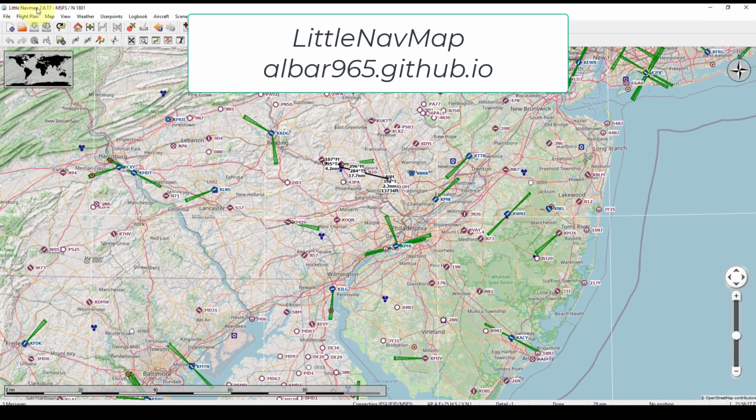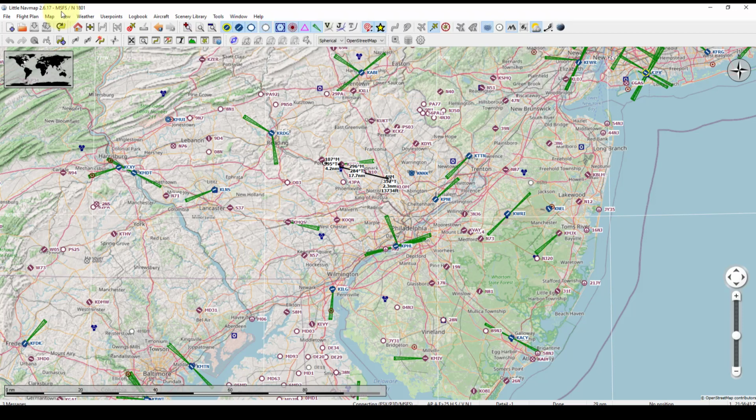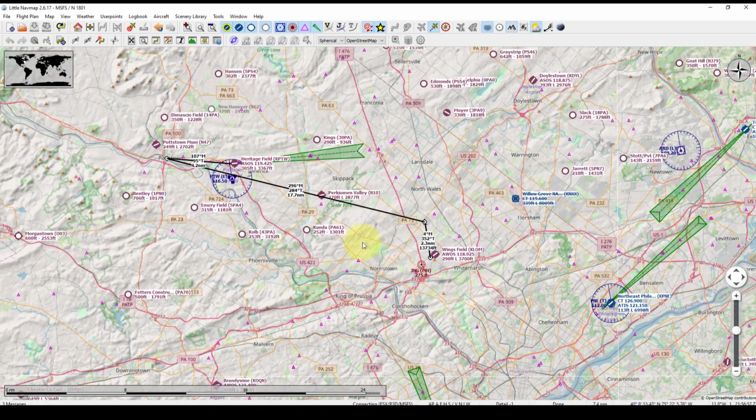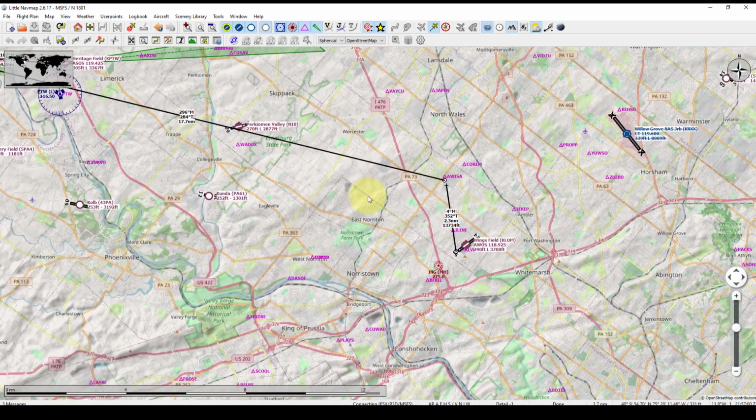This is a program, an app called Little Nav Map that is free, and it works with Microsoft Flight Simulator. It loads in all the landscape data from Microsoft Flight Simulator. So it's a very accurate map here. This is Philadelphia. I've got New York up there, Wilmington, Delaware, Baltimore there. So we're just a little north of Philadelphia, right? And I've actually plotted out the trip in this program, Little Nav Map.